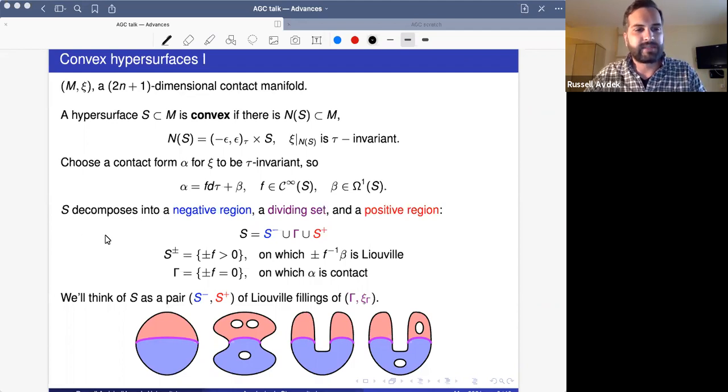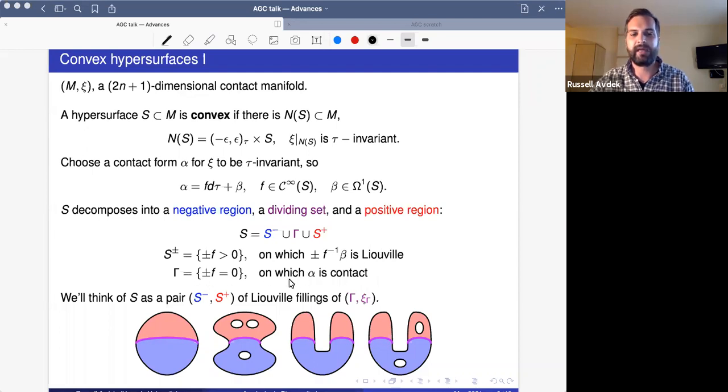That gives us a decomposition of S into a negative region, a dividing set, and a positive region, which I'll call S minus, gamma, and S plus. The positive and negative regions are defined where f is non-zero, and on those regions, plus or minus f inverse beta gives us a complete Liouville structure.